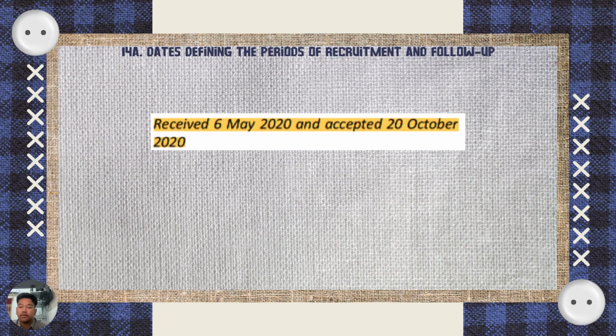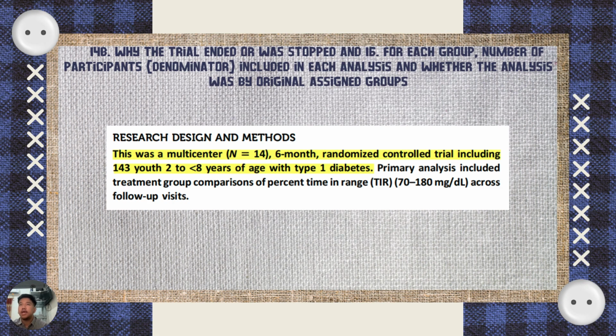And then for 14A, 14B, and 16, the period of recruitment and follow-up is received on 6 May 2020 and accepted on 20 October 2020. And for 14B and 16, the trial completion rate is also mentioned. This fulfills multiple checklist points on timing and participant analysis.